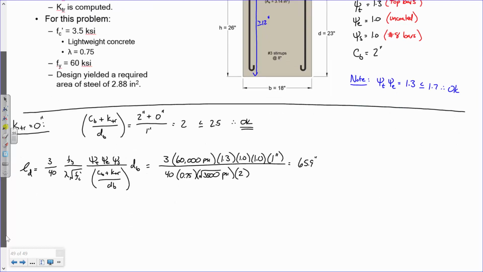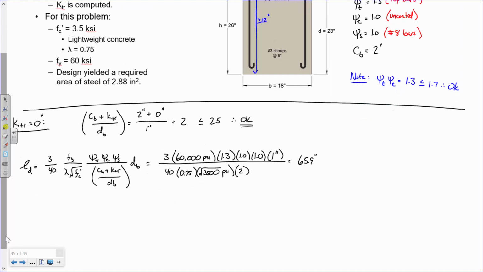All right. Now, this is the part that's new, okay? What I can then do is I can say, all right, let's look at an LD reduced. And so what I can do, and this is another reduction factor that I can apply, is I can take the LD that I just computed and multiply it by the ratio of required steel to provided steel.